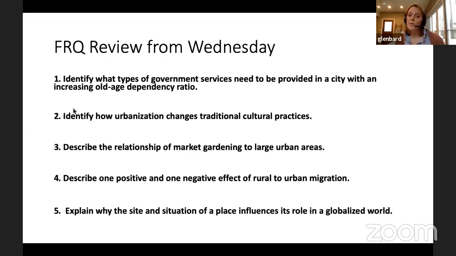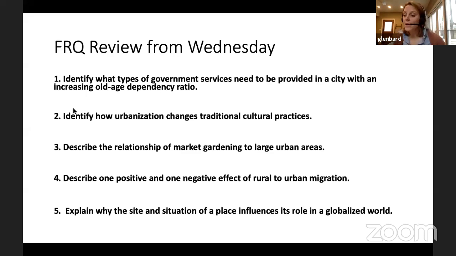Number 3, describing the relationship of market gardening to large urban areas. So anytime, in 3 and 4, when you see the word describe, this is where we need you to expand and give lots of details. And if you're anything like my students, this is where I continuously am struggling to get them to give me more. What my students want to do is say, well, you know what I mean, Mrs. Brandt, you've got this. But if you don't connect the dots for the readers, we don't know what you're saying.